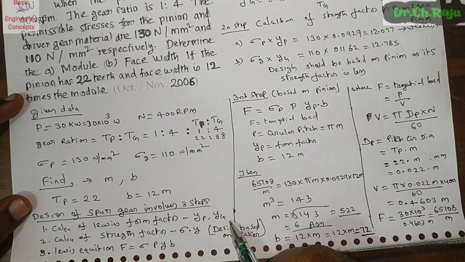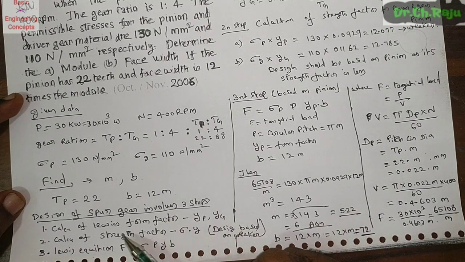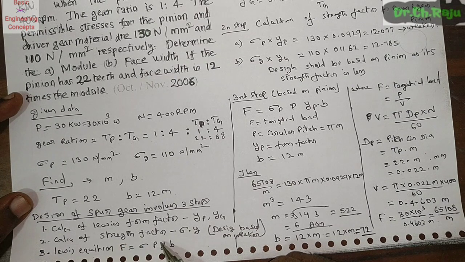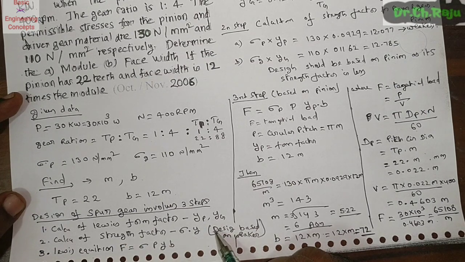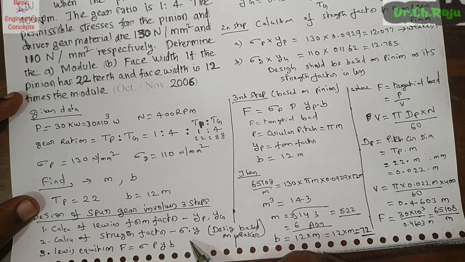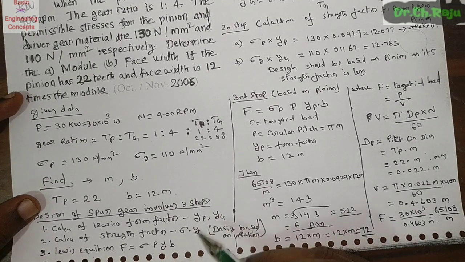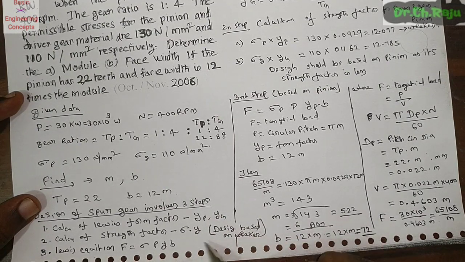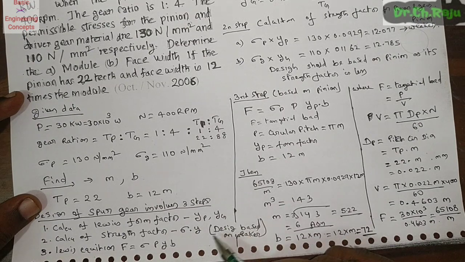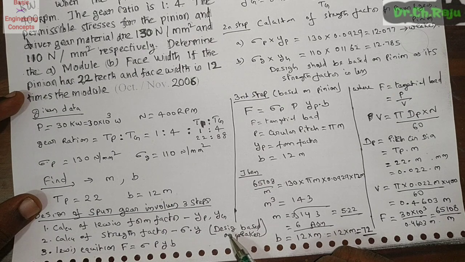After calculation of the Lewis form factor, you should calculate the strength factor, that is stress into form factor, sigma into Y. After that, we must decide the strength factors for both gear and pinion, and the next design is based on the one which has the weakest strength factor.